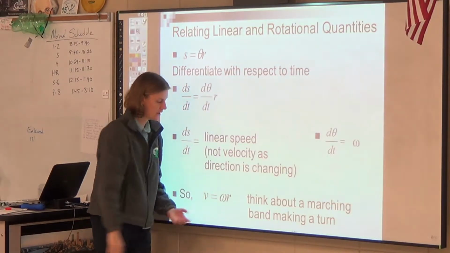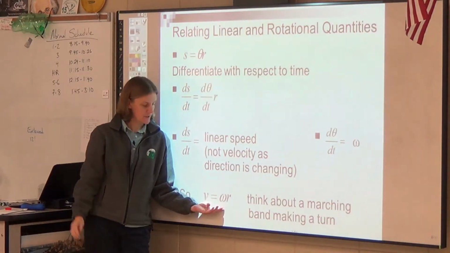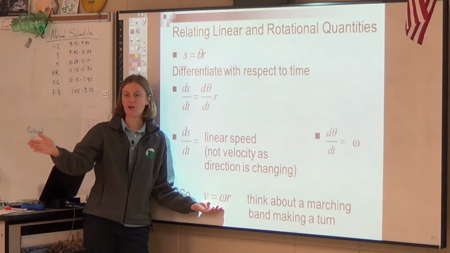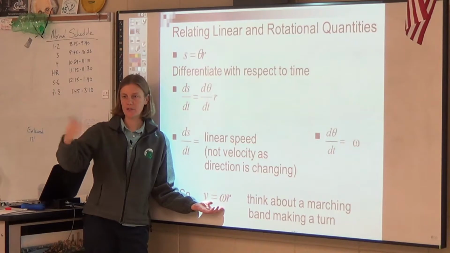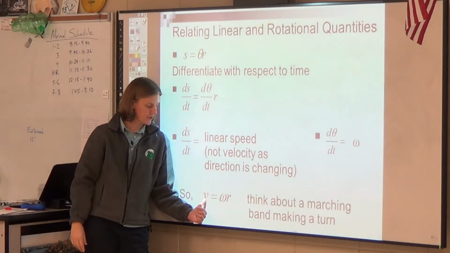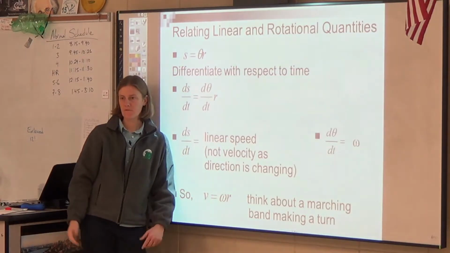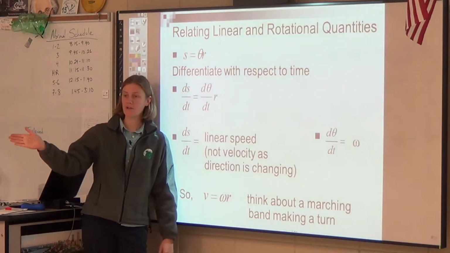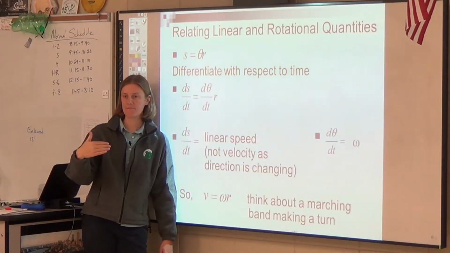R is r. I call this marching band equation because if you think of a marching band and they're making a turn, what is constant about everybody in the marching band? Is it their linear speed or their angular speed? If they're a good marching band, hopefully their angular speed. They're sweeping out the same angle in the same time.